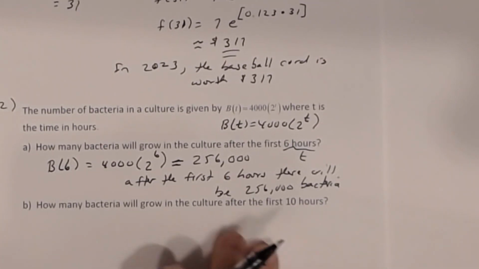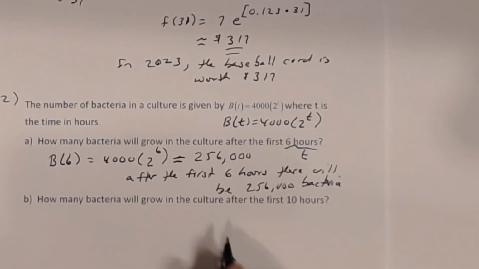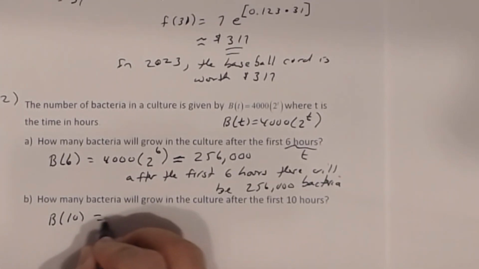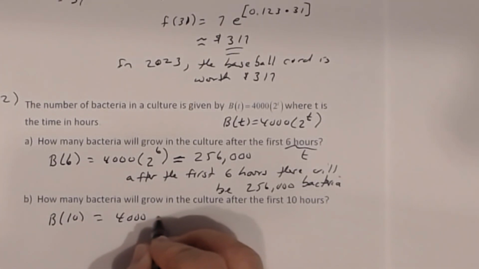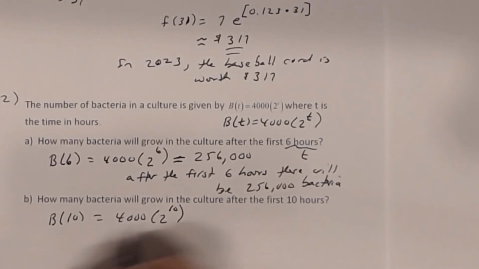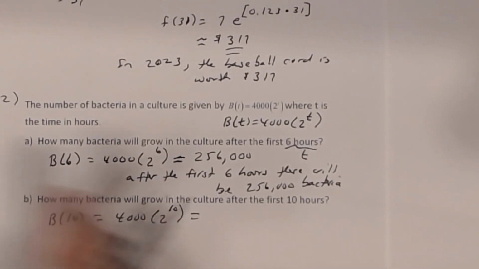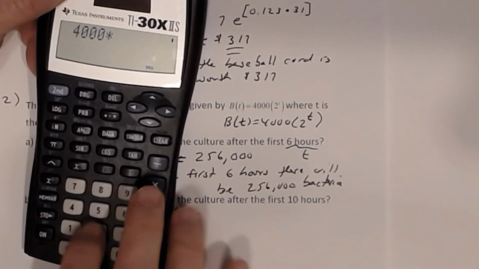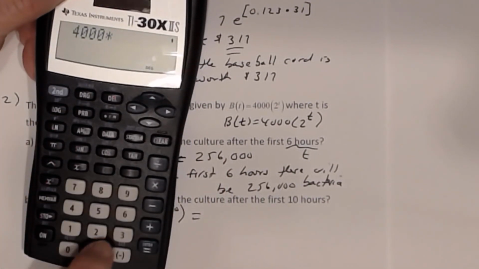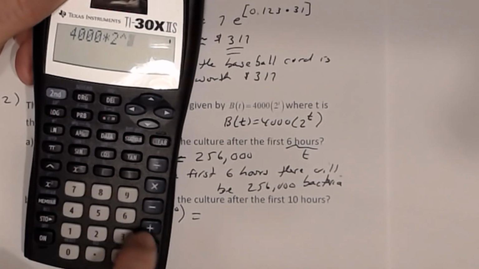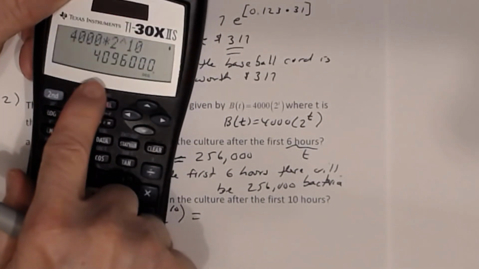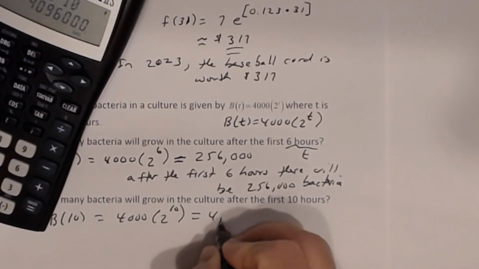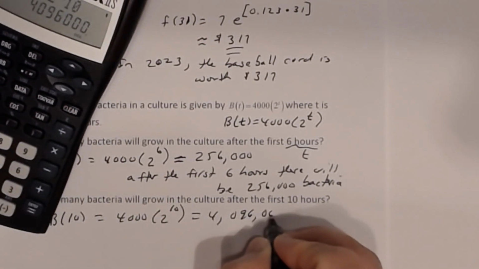Okay? And then they want you to do the same thing with 10. So you're going to say B of 10, you do the same thing, will be 4,000 times 2 raised to the 10th power. And let's see what that is. So 4,000 times 2 raised to the 10th power equals 4,096,000.